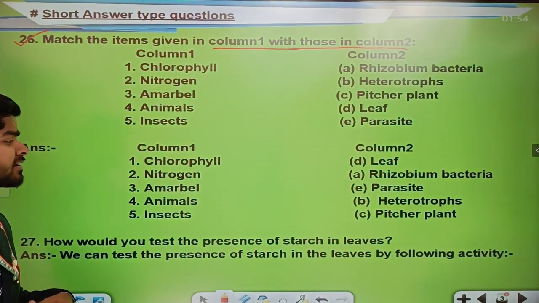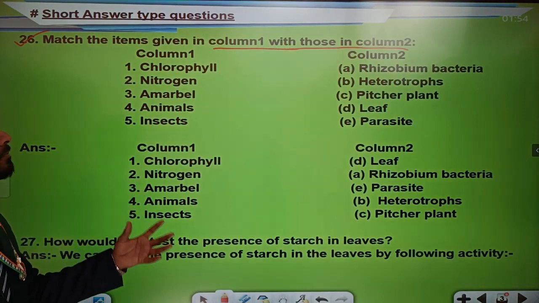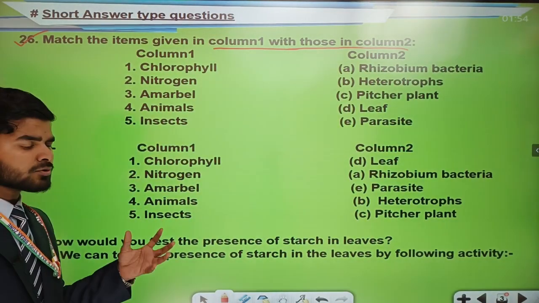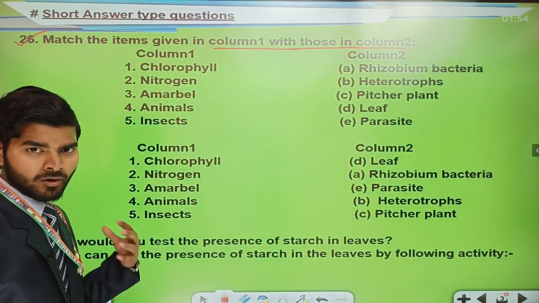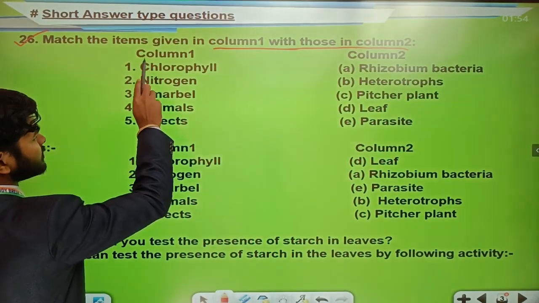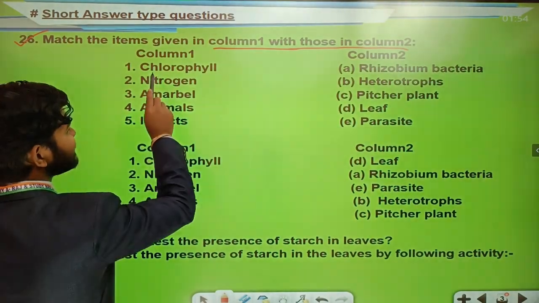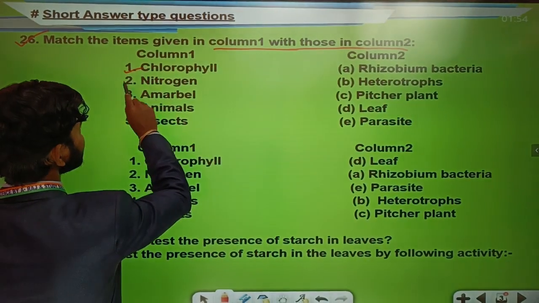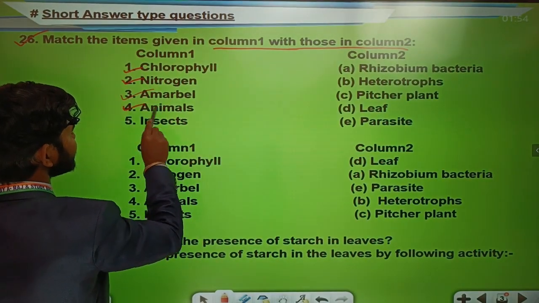I think you have already solved this type of matching question. Column A has chlorophyll, nitrogen, amarbel, animals, insects.